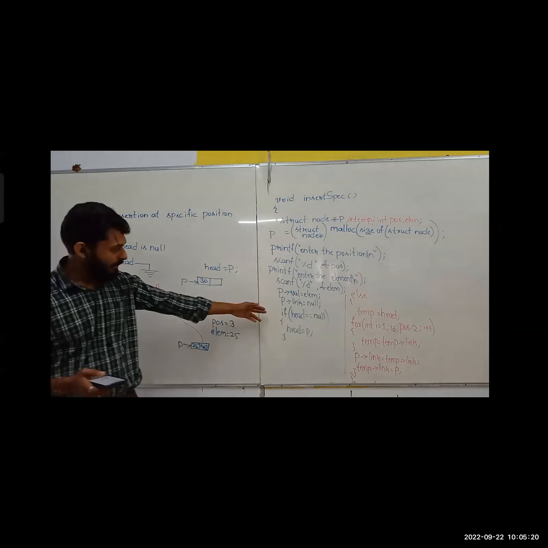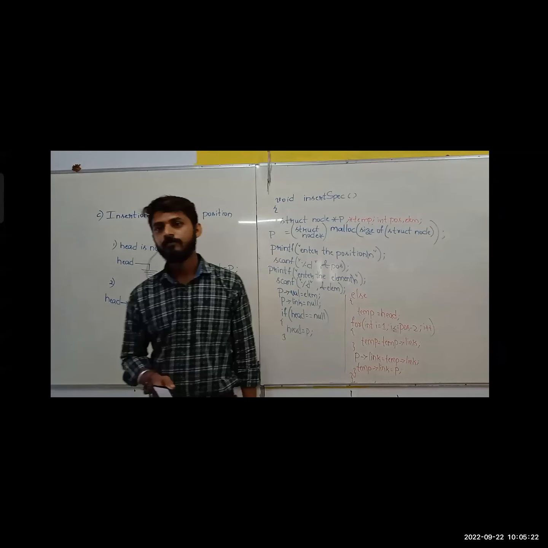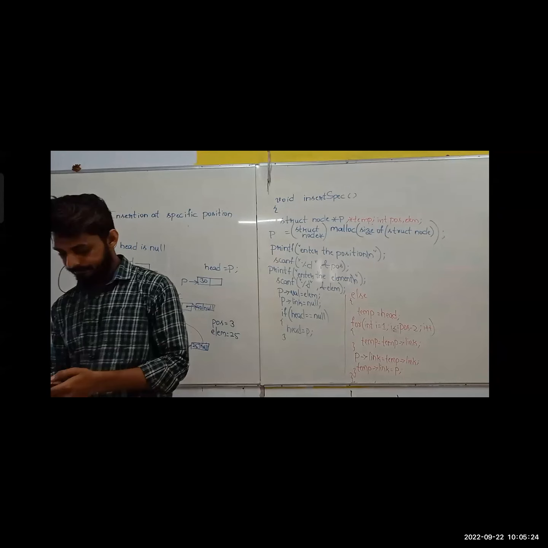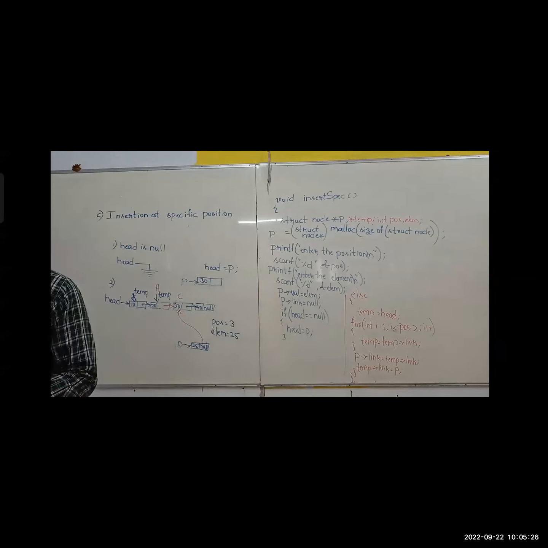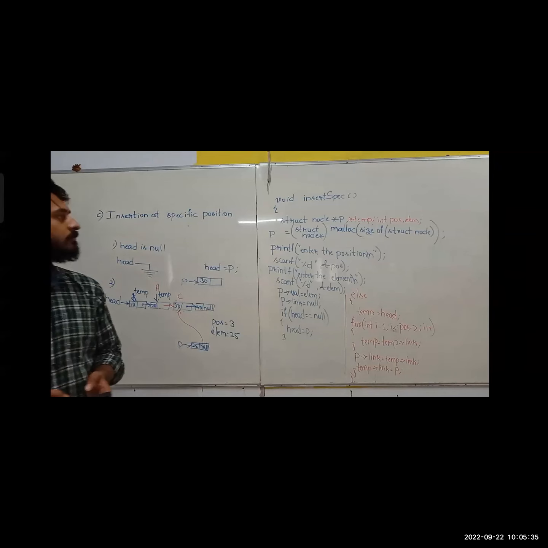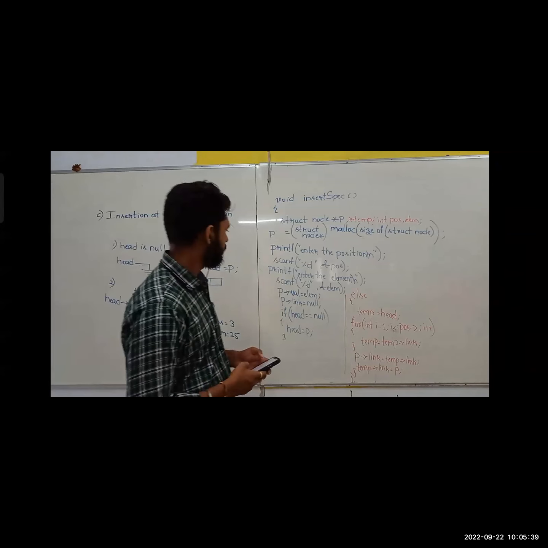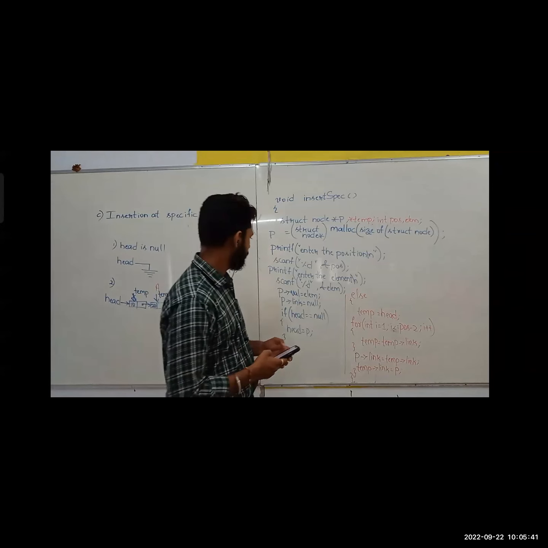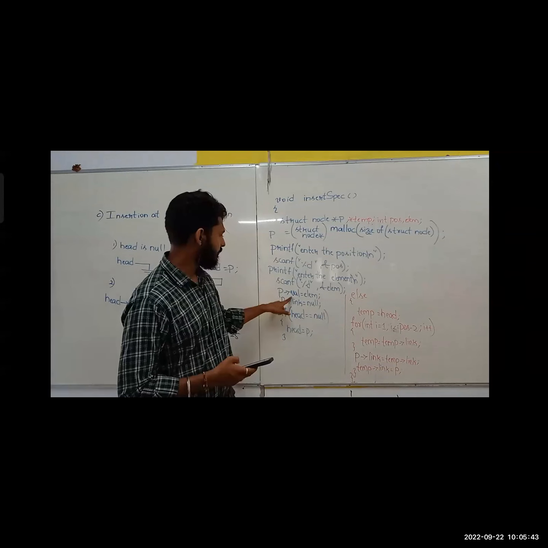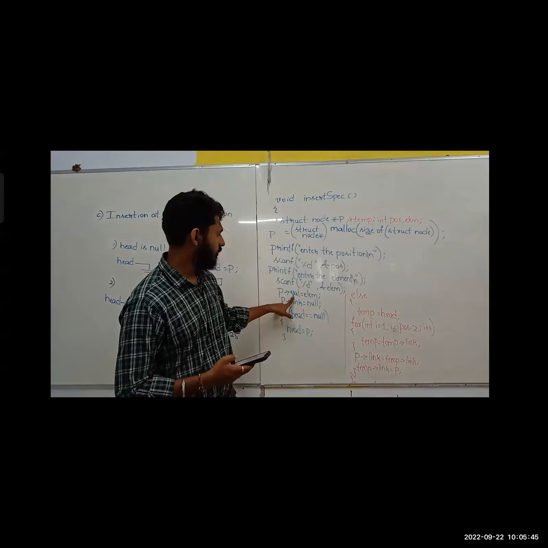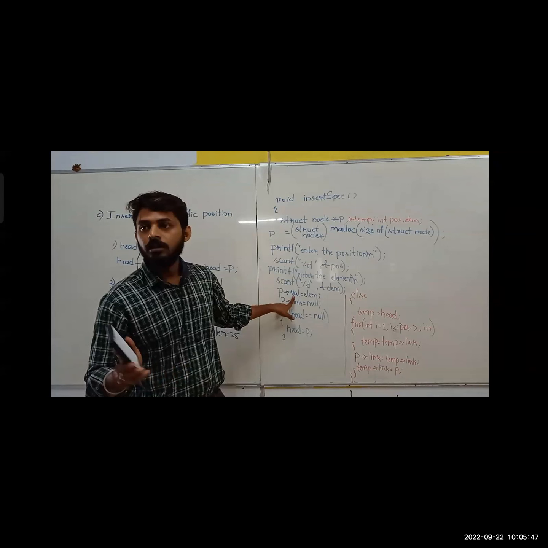Got it? Yes. Sir, the int val, do we have to declare it in the method only, or declare it globally at the first point? Should I declare this globally or should it be inside something?